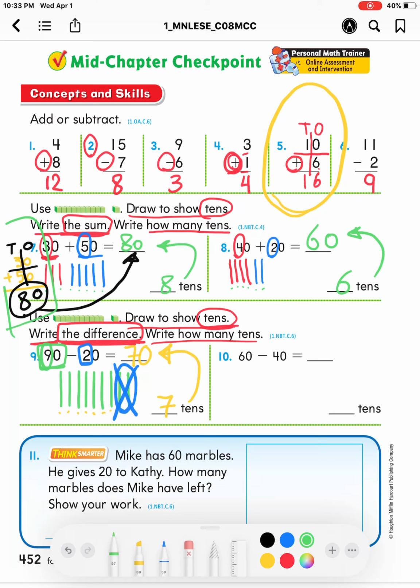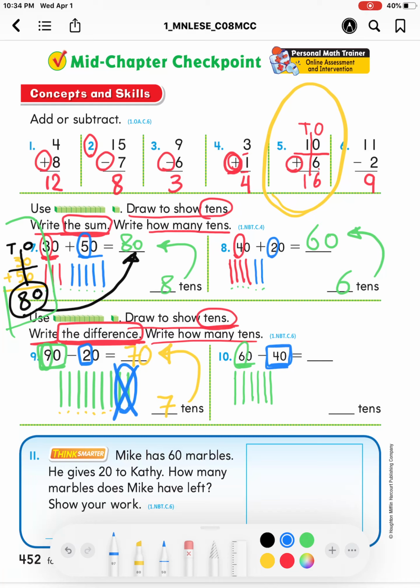Now let's do the next question. We have here 60. How many tens do we have here? Good job, 6. So we will draw 6 tens. 1, 2, 3, 4, 5, 6. Okay, now we will take away or take apart how many tens?